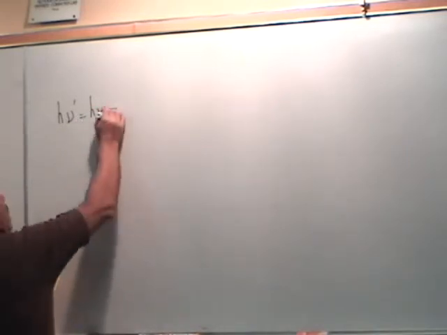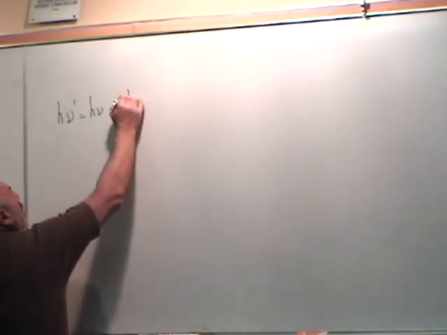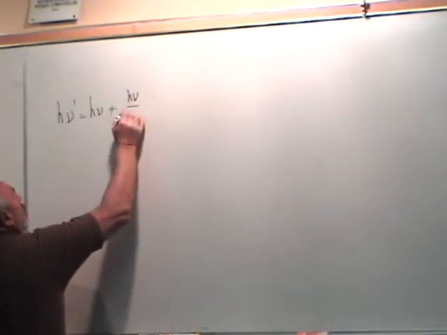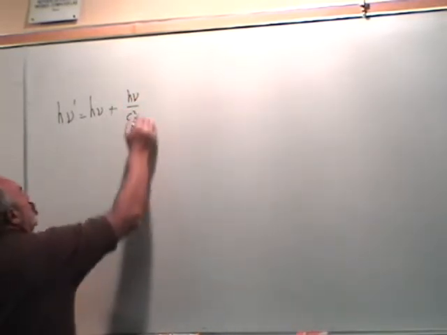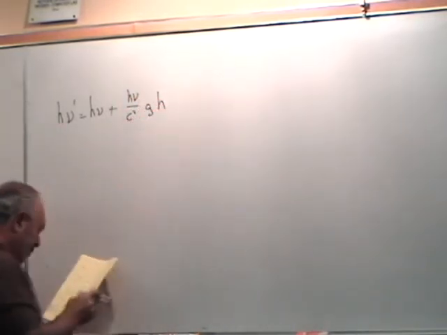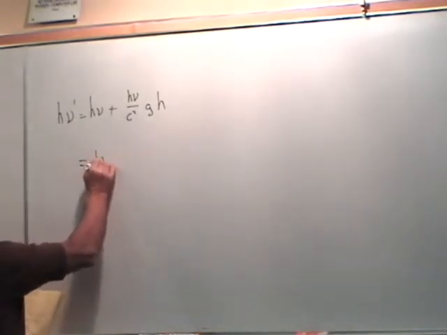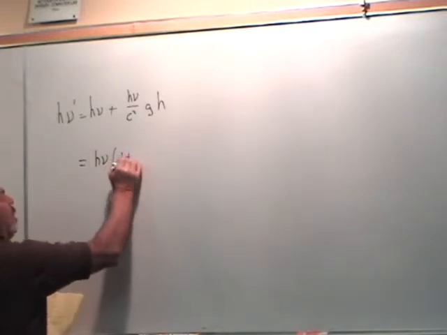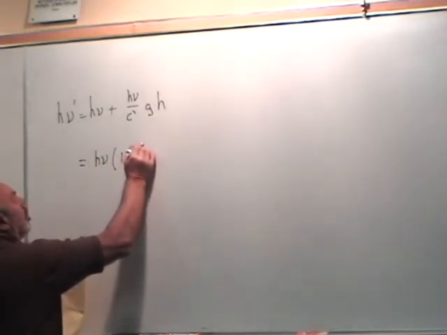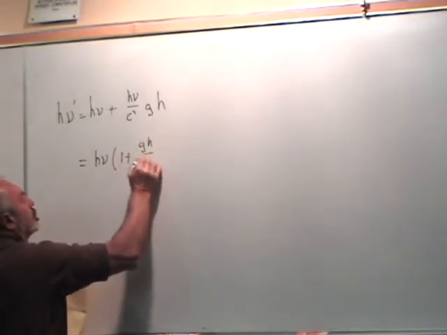M will notice that H nu prime, H nu plus M, H nu over C squared, G, H. Factoring out the H nu, we end up with 1 plus GH over C squared.